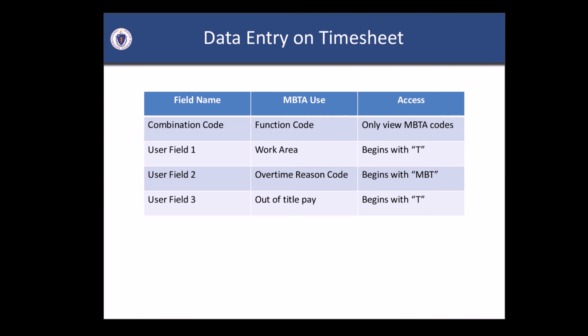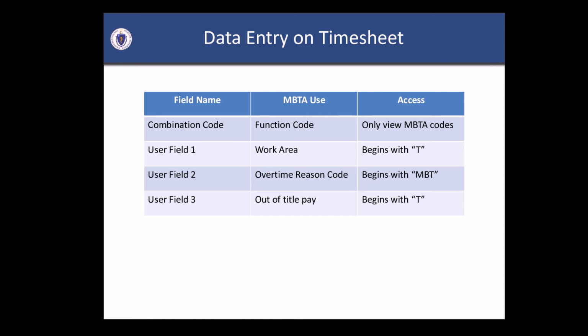Now your user fields are a little bit different. User field 1, you guys use it to define your work area, so if someone is working in a different work area. And all of those begin with T. So if you want to search, the best way to do that is to click on the little drop down and type in the letter T, and it's only going to show you the T-related user fields.